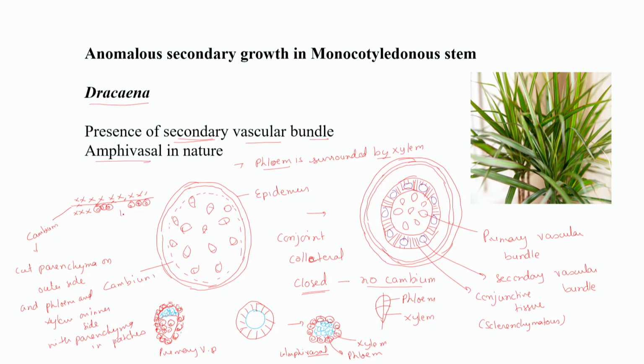After some time, the activity of the cambium will be reversed. Normally it is cutting parenchyma, but at those locations where it was cutting parenchyma, it will start cutting phloem. Okay, you can see.